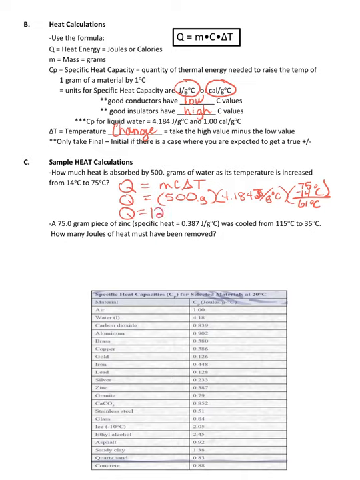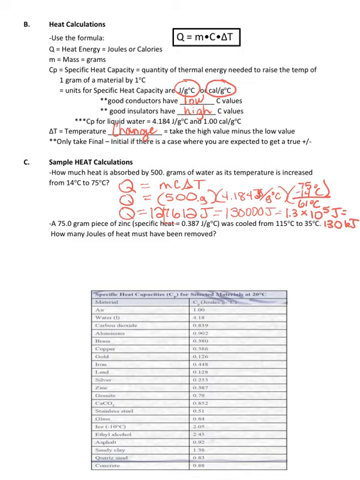I get 121,612 joules. So with 2 sig figs, that's 130,000 joules, which I like as 1.3 times 10 to the 5th joules. Or you could always say it's 130 kilojoules also, if you want to.